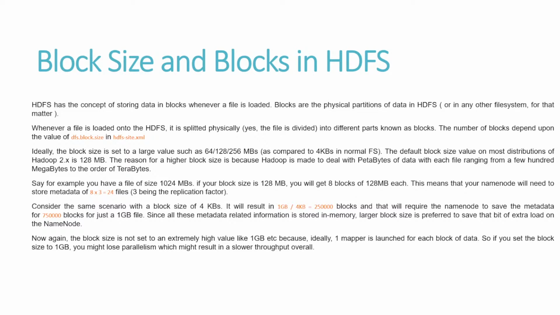When a file is loaded into HDFS, it's split physically into multiple blocks, and we set that up in the hdfs-site.xml. In the hdfs-site.xml, which is one of the config files, we set up a parameter called dfs.blocksize. Typically it's 128 MB, but you can set different values depending on your need, and the file splits into that size.